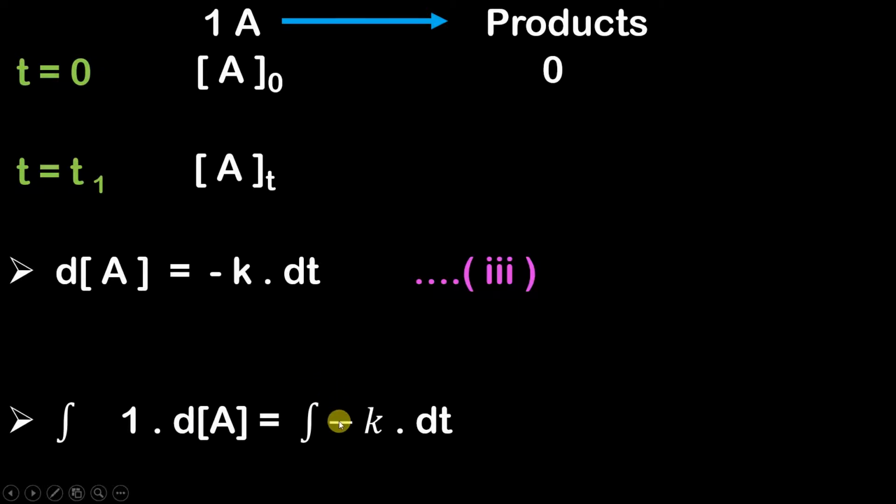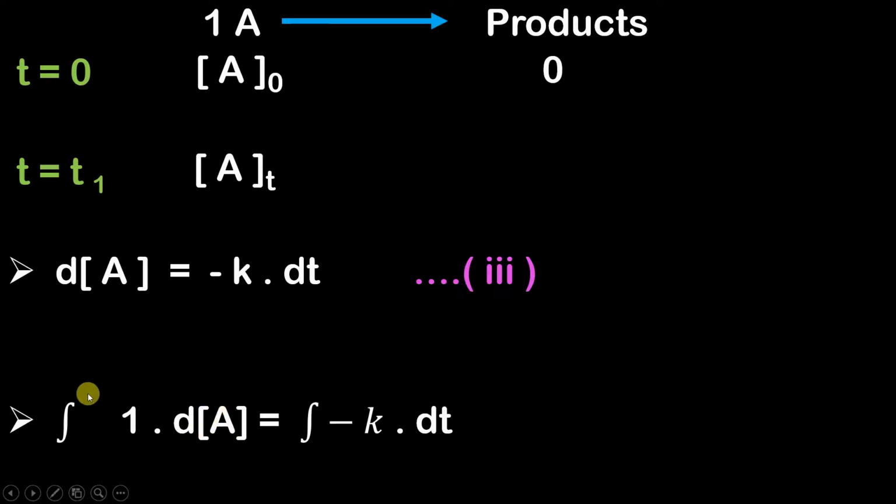Before applying definite integrals, on the right hand side, if you observe, you are applying definite integrals with respect to dt. t is nothing but time. So your limits should also be according to the time. And if you observe on the left hand side, you are applying it with respect to dA, and A is nothing but your molar concentration.